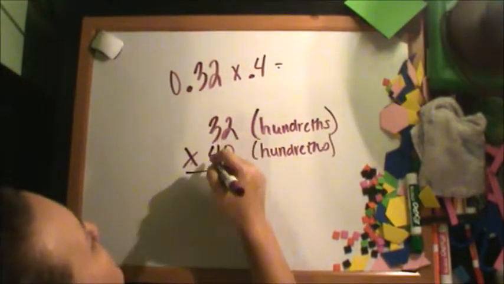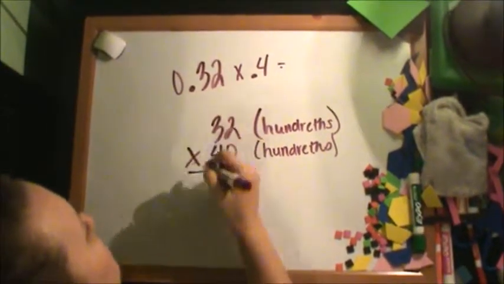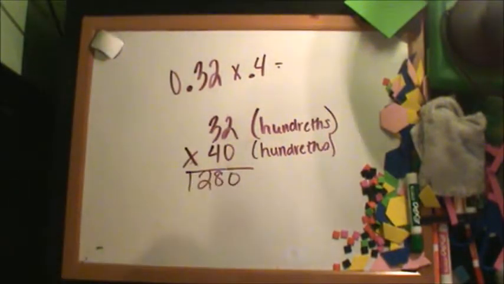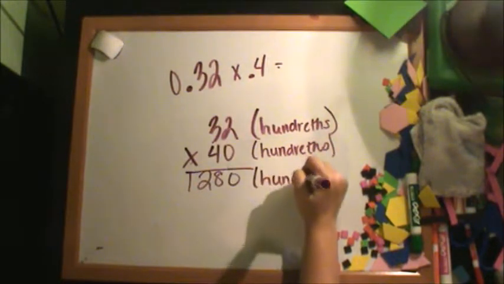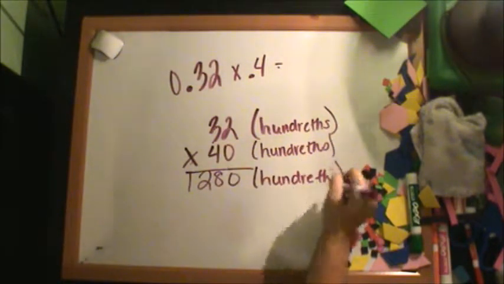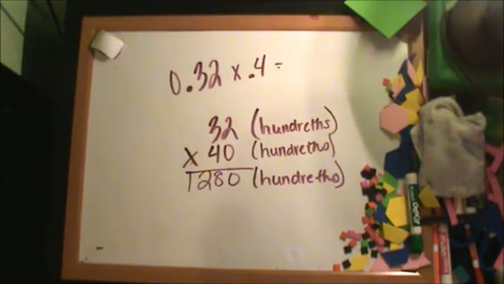0 times 2 is 0. 4 times 2 is 8. 4 times 3 is 12. So I have 1,280 hundredths. So we said that 100 hundredths is 1.